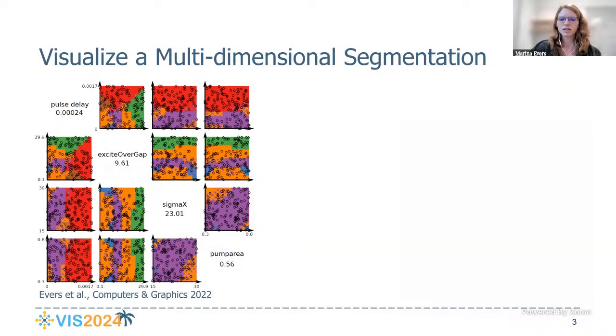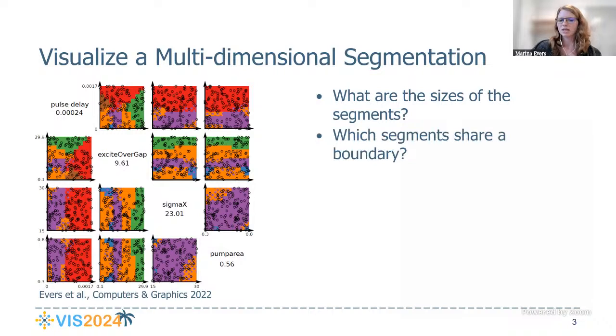So motivated by looking into parameter space partitionings or segmentations, we can ask different questions. We might ask, what are the sizes of the segments? Here we want to know which sizes are largest, which ones are smaller, to also deduce which segments have a higher influence and are more probable in the parameter space.